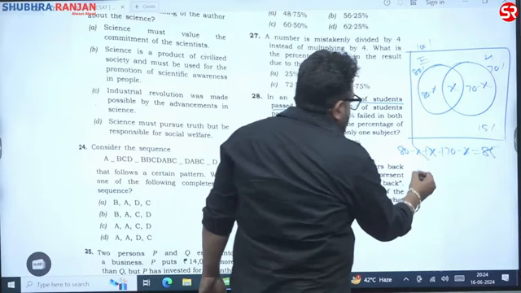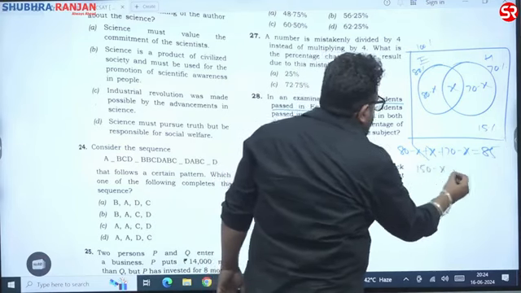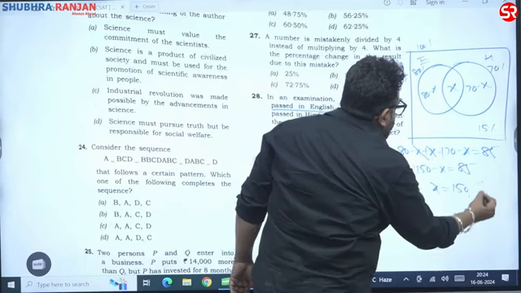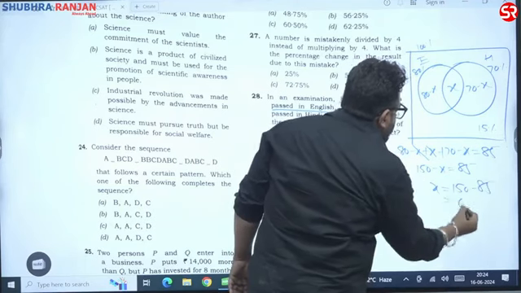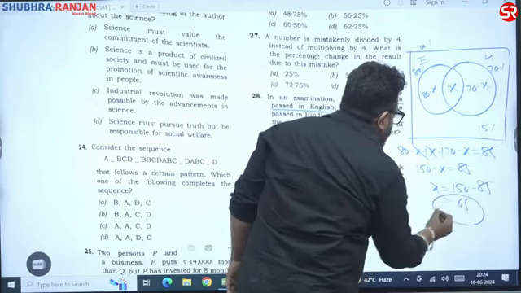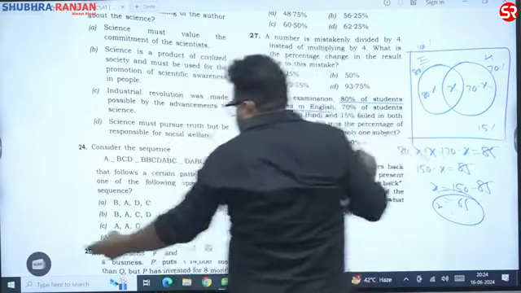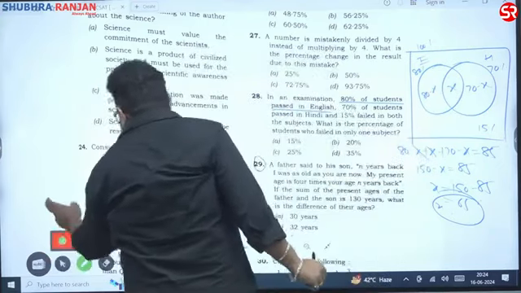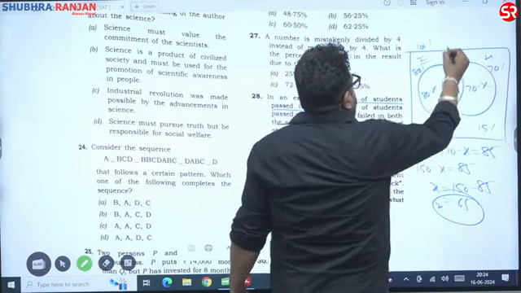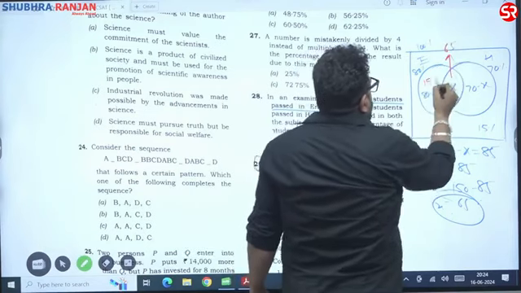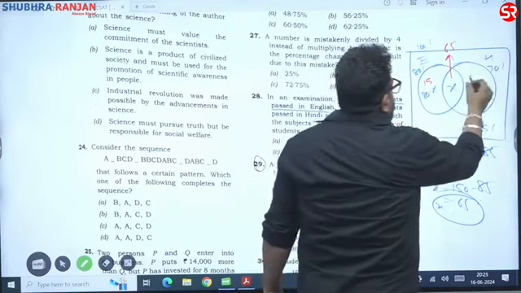So this comes out to be 150 minus x is equal to 85, which means x is equal to 150 minus 85 comes out to be 65. So in between portion is 65. So if you take this as 65, this would be 80 minus 65 and this would be 5.